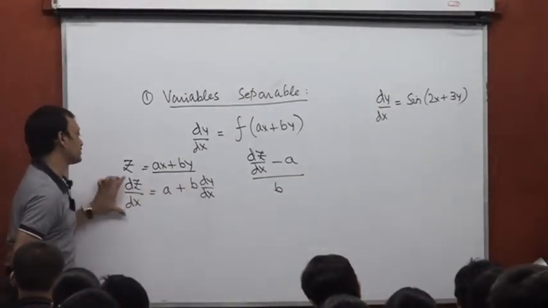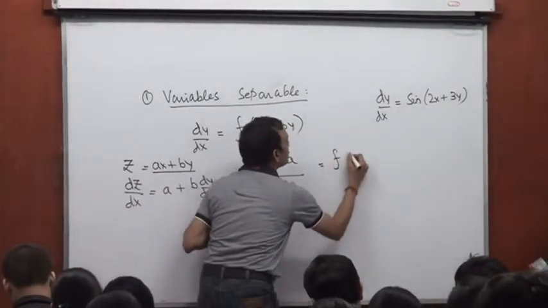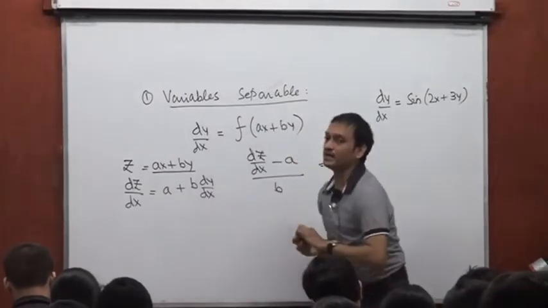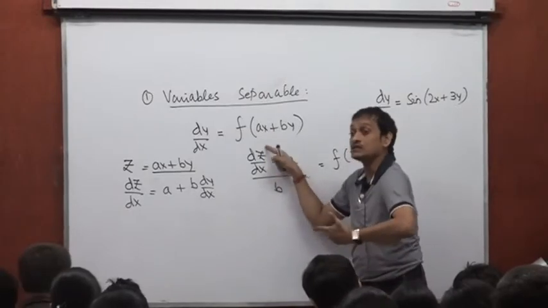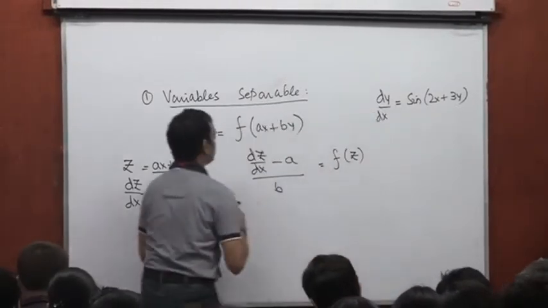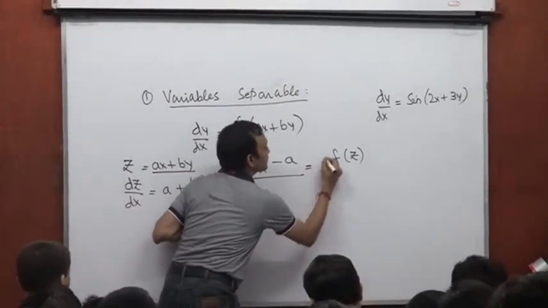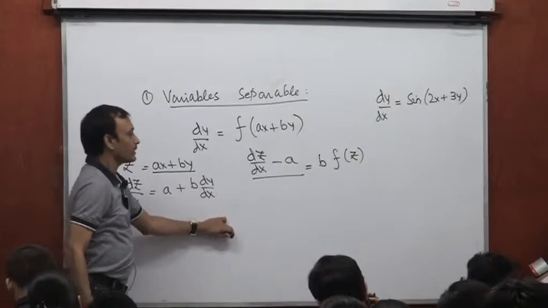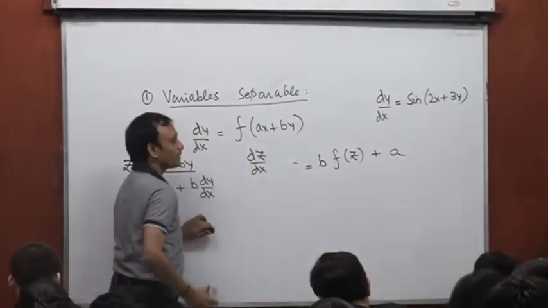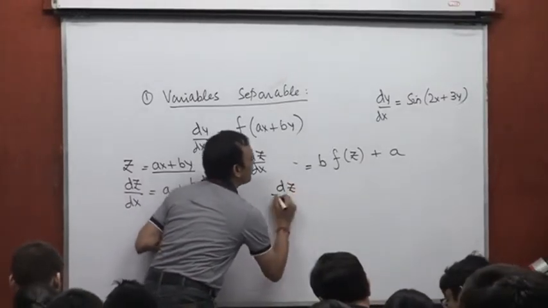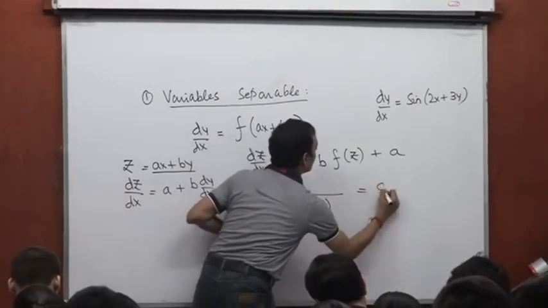This dy/dx, written as (dz/dx minus a) divided by b, is equal to f(z). So now, instead of being a differential equation in x and y, it becomes a differential equation in x and z. Transposing, dz/dx is a plus b times f(z), and then I can say dz divided by (a plus b f(z)) equals dx.